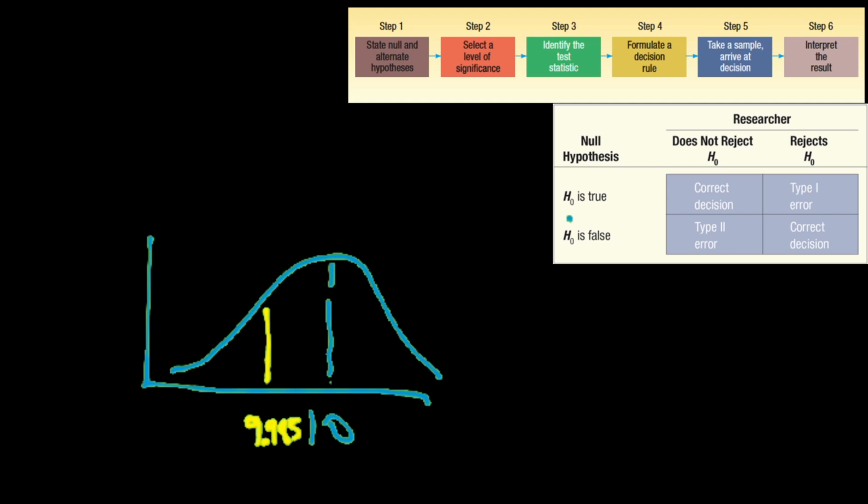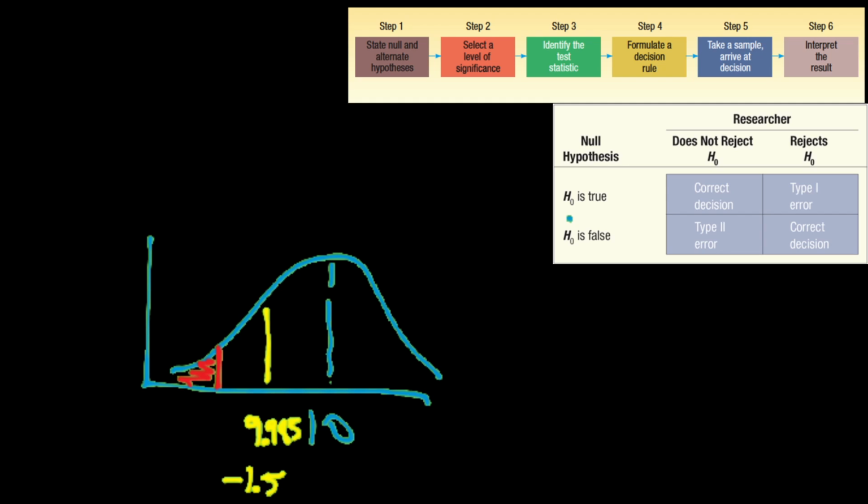Okay, and that was not in the rejection region. So we had a cutoff somewhere down here. We haven't figured out that exact value, but we know that we turn this into a z-score. This was a z-score of negative 1.5, and it was not extreme enough to reject.